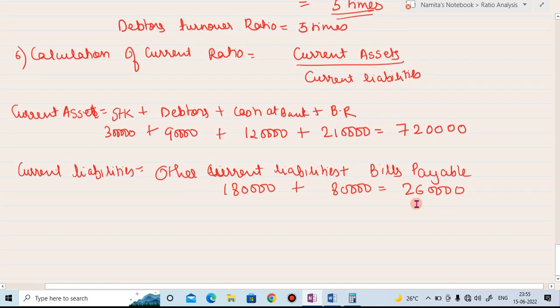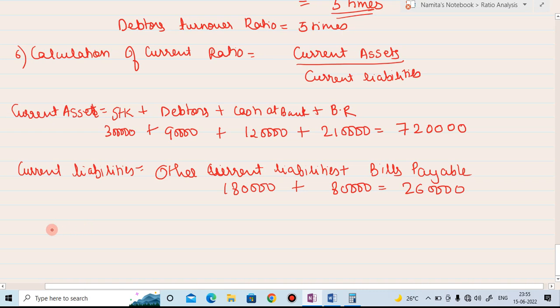Now current ratio is equal to current assets upon current liabilities.